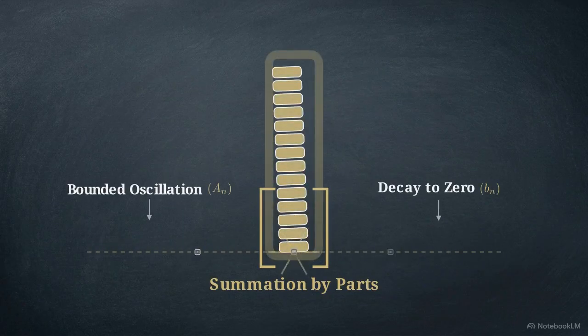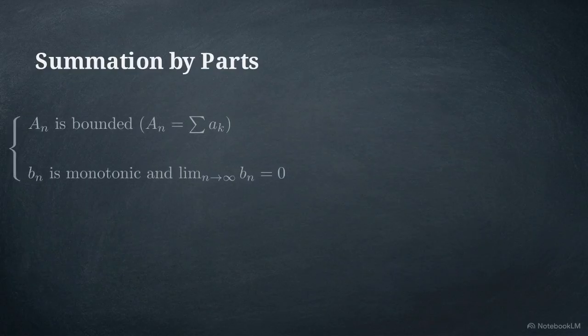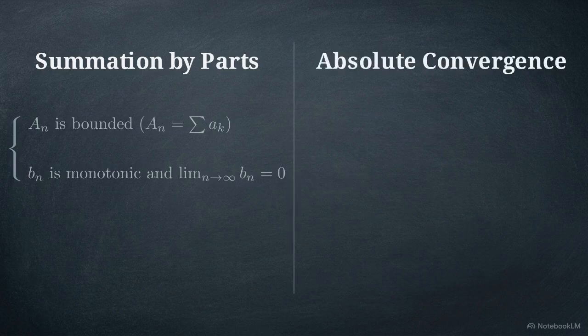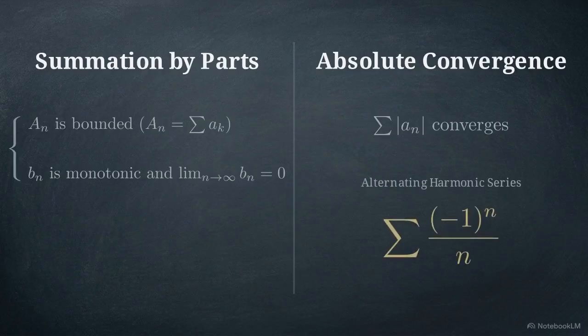To recap, summation by parts is the tool for transforming conditionally convergent series into solvable equations. It works by separating the components, isolating bounded oscillation in capital A sub n from the steady decay in b sub n. We contrast that careful balancing act with absolute convergence.